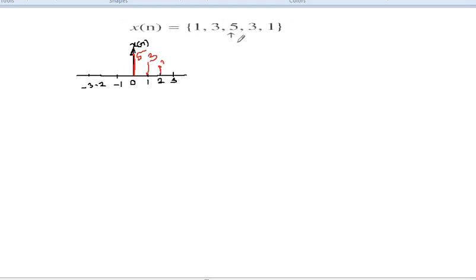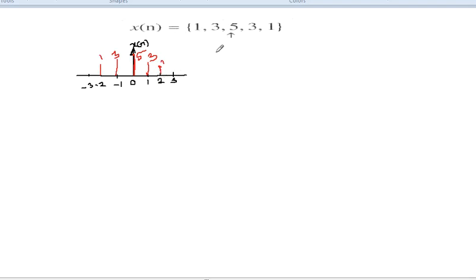Then 3 at -1, so this indicates the -1th position, and -2. So at -1 it is 3, and at -2 its value is 1. So in this way the signal is to be drawn.